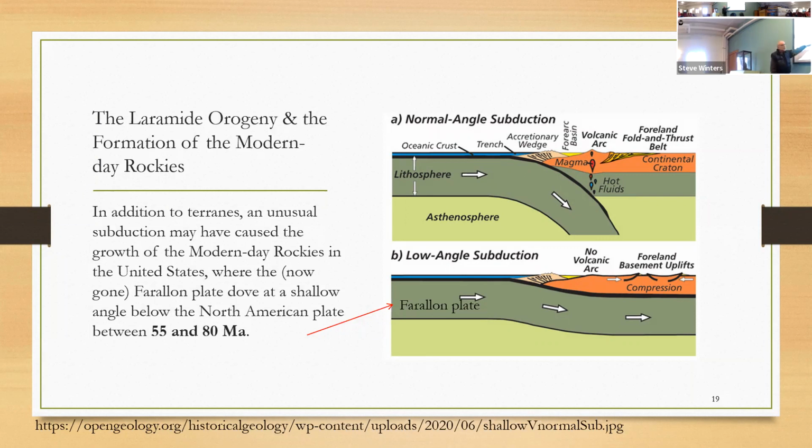So the Farallon plate subducts at a very shallow angle and goes under North America. And because it's a shallow angle, there's a lot of friction, slow moving, I suppose.